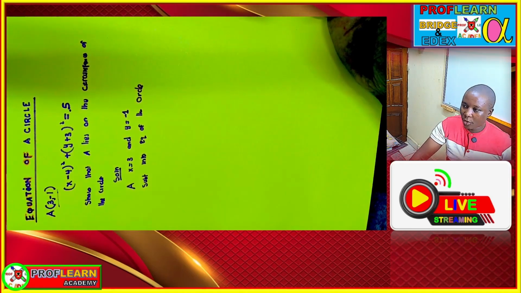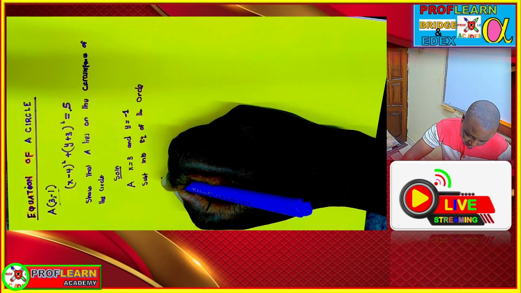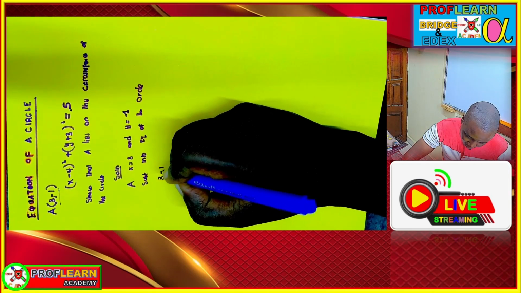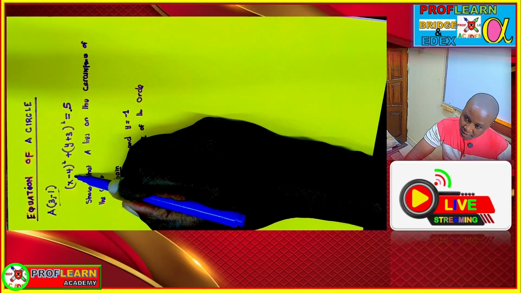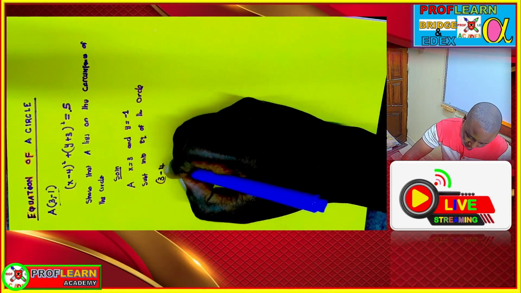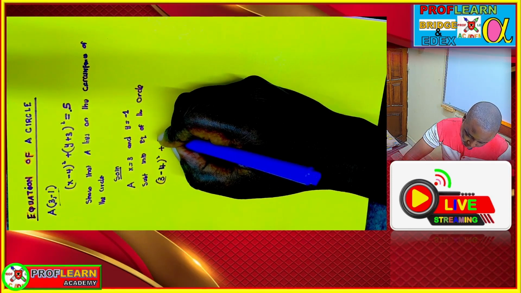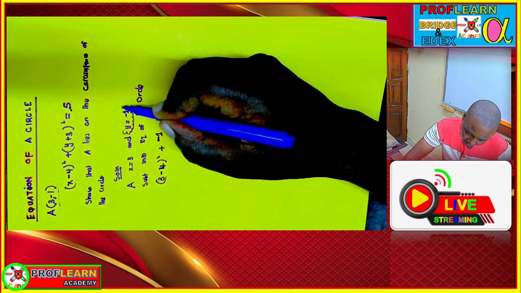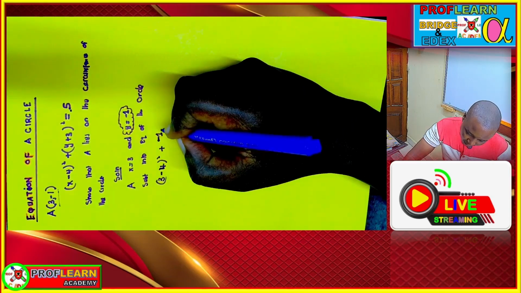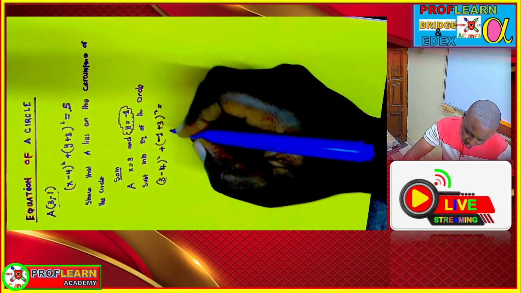That is going to be x is 3, so this is going to be 3 minus 4, because the equation here is (3 minus 4) squared plus (-1, because y here is given as -1, then plus 3), then squared. Let's check what that translates to.